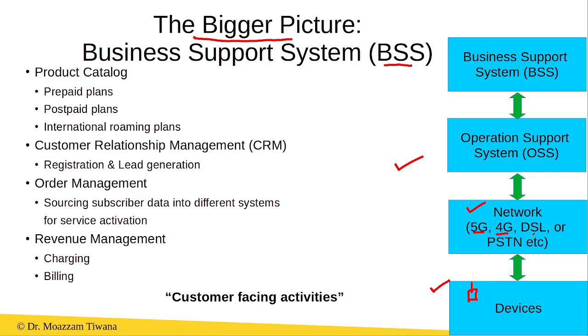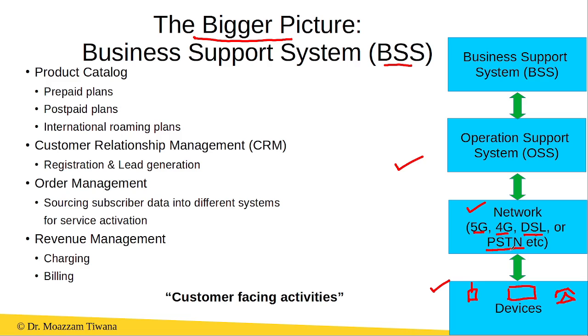However, if this network is a DSL network, then we would need a DSL modem to use the services of this network. And if this network is a fixed telephony network or a public switched telephony network, in that case, we would need a fixed telephone in order to use the services of this PSTN network.